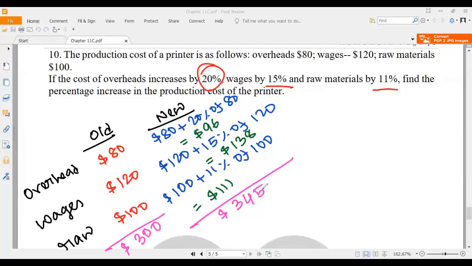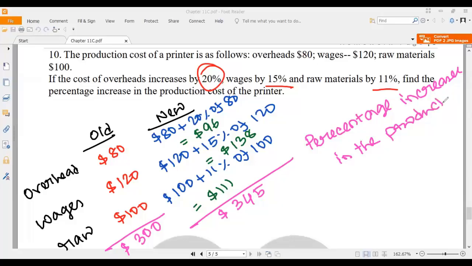Now the question says, find the percentage increase in the production cost of the printer. What will be the percent increase? The new value, after increasing, will be 345. What is the old value?